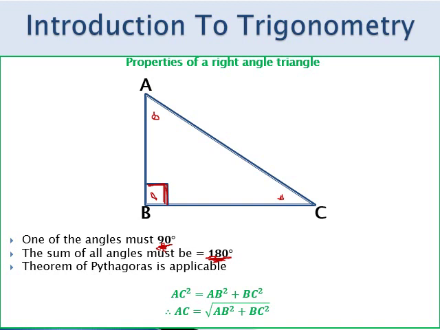It states that if we have a right angle triangle, the hypotenuse, which is the longest side that we're going to talk about in a few seconds, which in this case is our AC, satisfies AC squared equals AB squared plus BC squared. What does that mean? If we were looking to find the value of AC, not AC squared but AC, we would take the square root of AB squared plus BC squared.